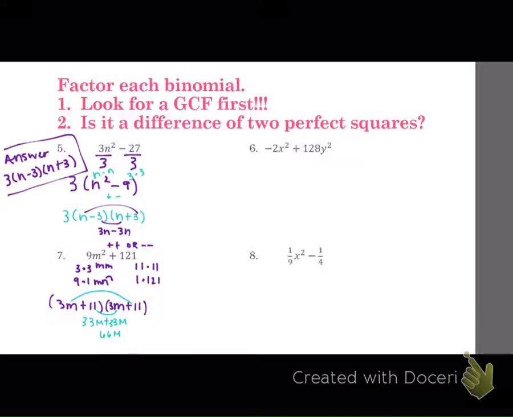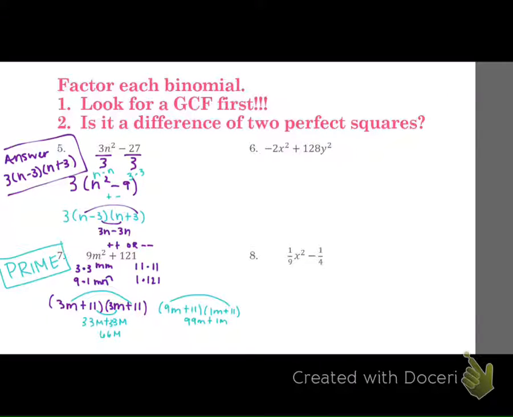Do you see that? So let me just try 9m plus 11 and 1m plus 11. Well, that's 99m plus 1m. Is that helpful? What do you guys think the answer to this one is? It's prime. You cannot factor this one.